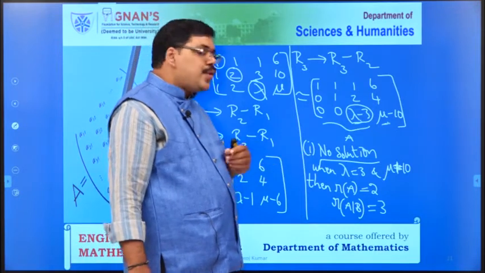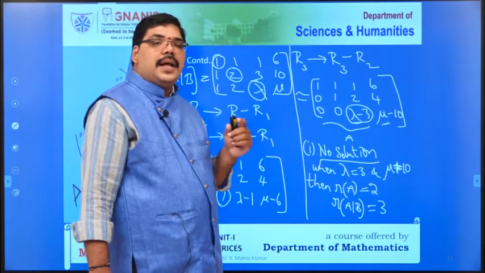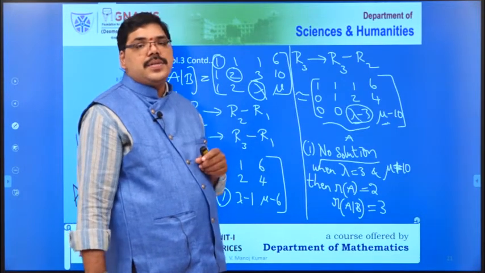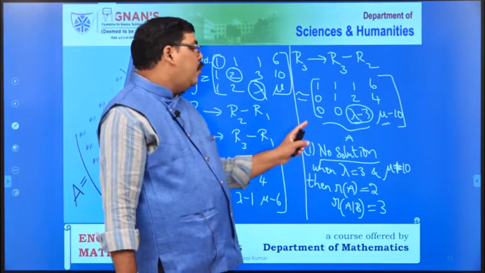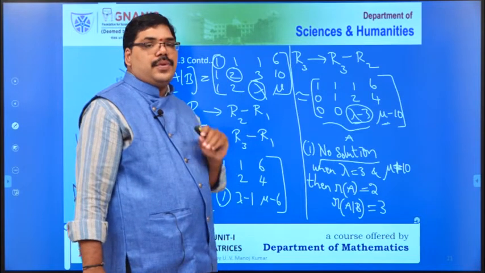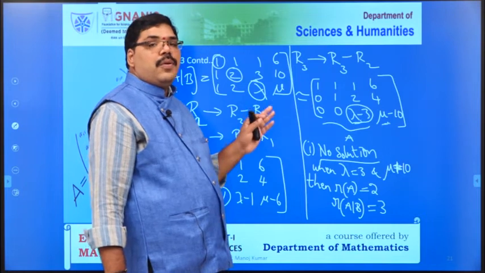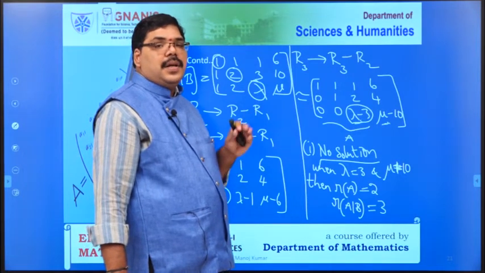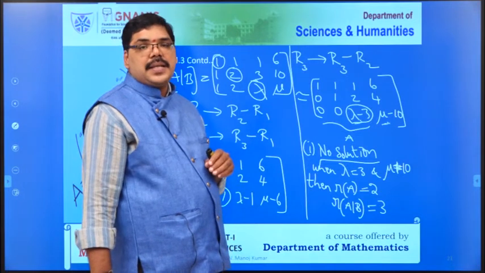So the first option is no solution. When the system has no solution, rank of A must not be equal to rank of AB. When you are thinking of A, you can only think about 3 columns. Forget the fourth. Hide the fourth column. Its rank should be different from the entire matrix AB.